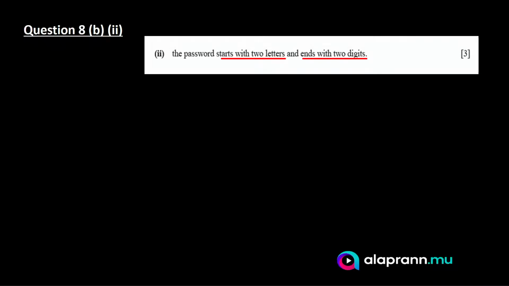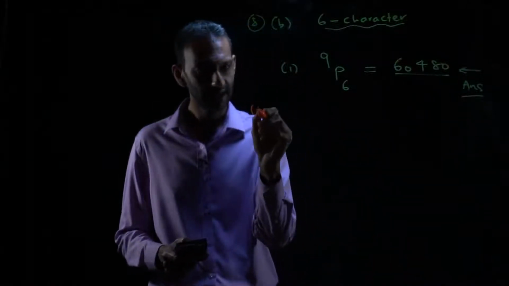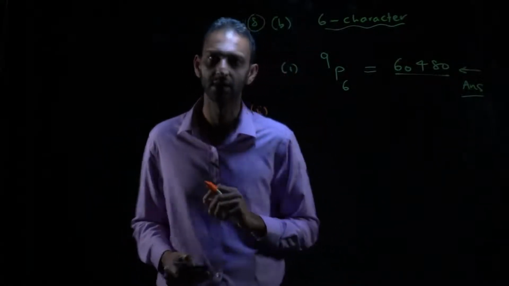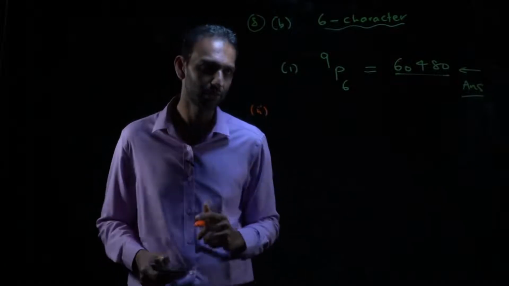For B second part, it says the password starts with 2 letters. Restriction again, password starts with 2 letters and ends with 2 digits. For this type of problem, what I like to do, I like to draw a simple diagram to illustrate what's happening. A diagram helps for permutation because it helps you to visualize the concepts. So when you visualize the situation, you understand the problem better.